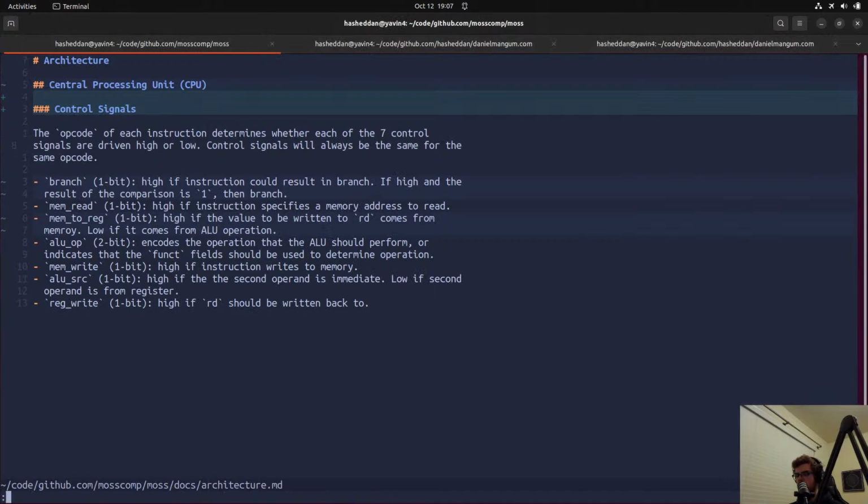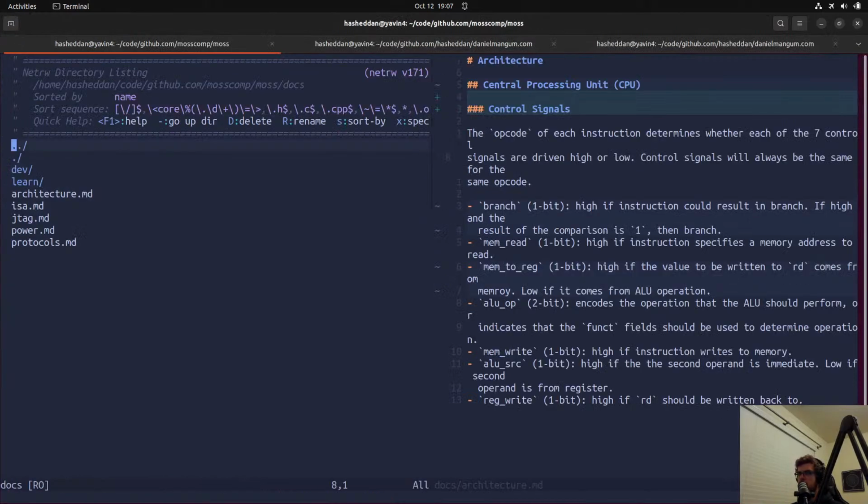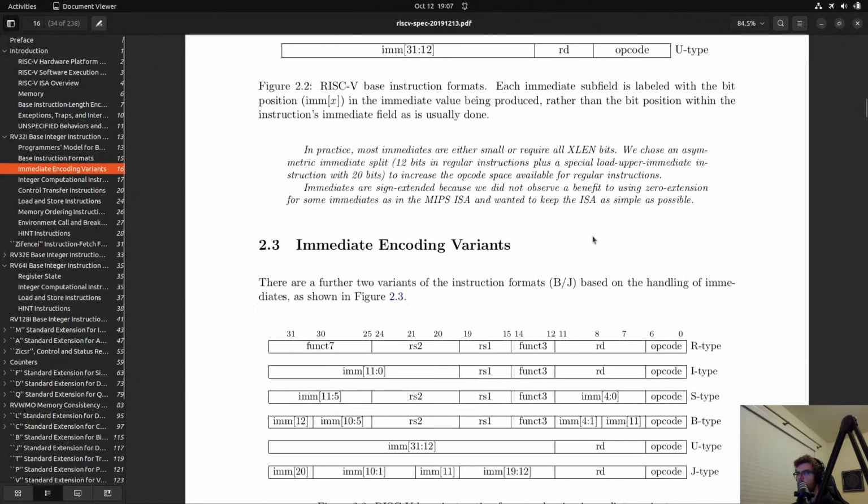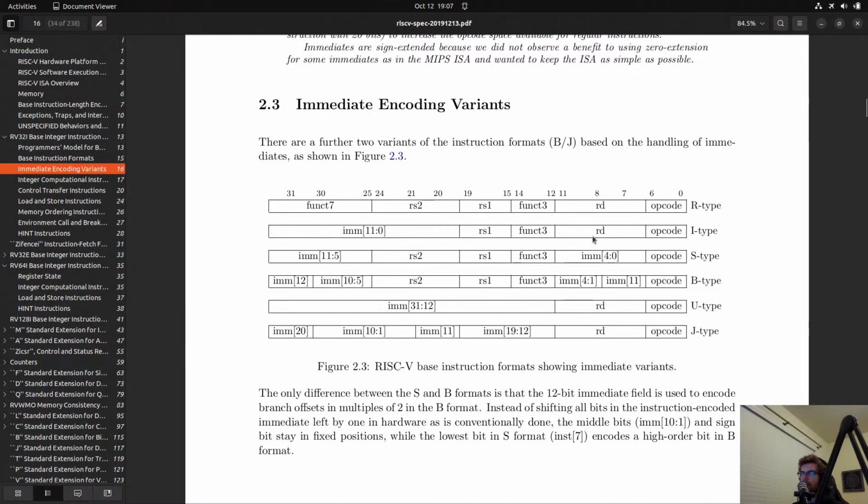Let me go ahead and open up the other doc that we spent most of the time on last time, which was ISA. R, I, S, and U we mentioned there. And then there are two immediate encoding variants.